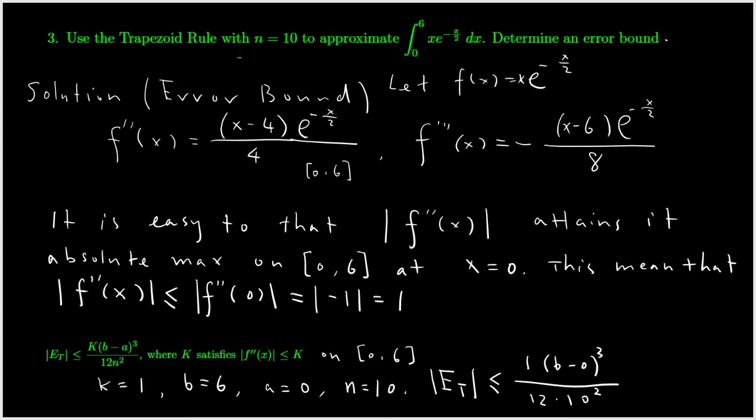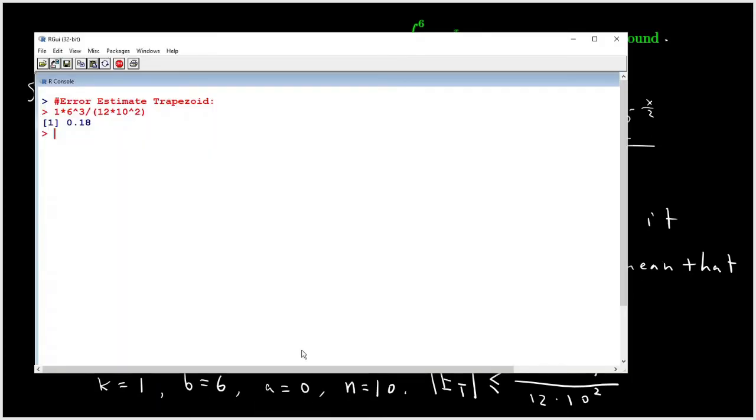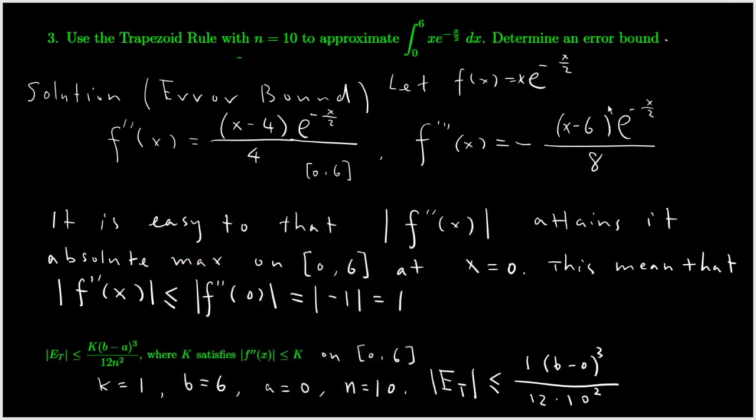Now put everything into your calculator. You have the value 0.18. This number is equal to 0.18.